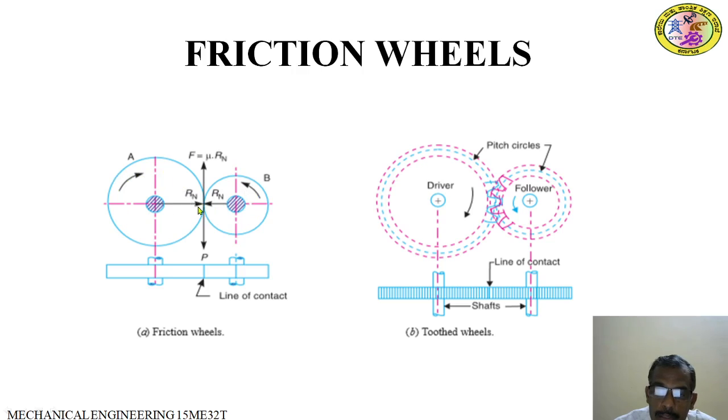If A is rotating, what will it do? It will have a tangential force acting on B. The tangential force exerted by wheel A should not exceed the maximum frictional force, F equal to mu Rn.